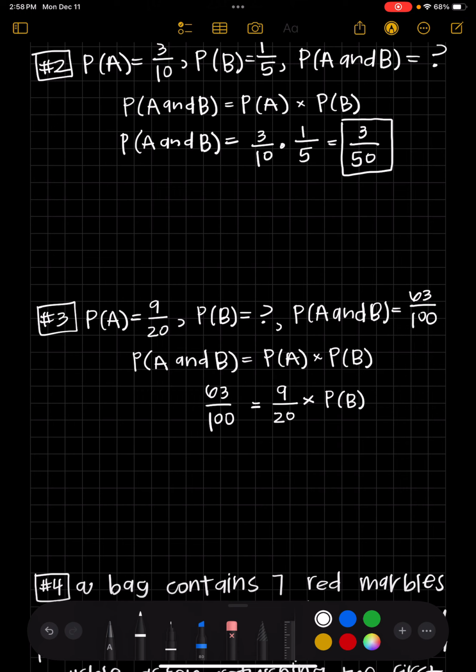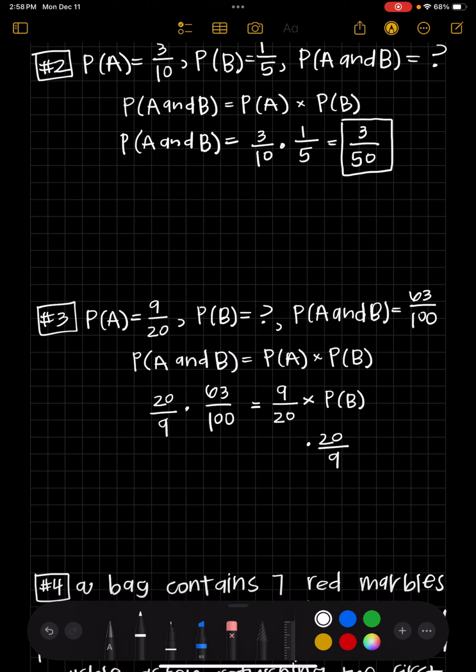Now to solve for the probability of B, what we have to do is get the probability of B by itself on one side. In order to do that, we need to move the 9/20ths. Now, two options: we can divide by 9/20ths on both sides, or we can multiply by its reciprocal, which is 20 over 9. I'm going to multiply each side by 20 over 9. This is just a tricky rule with fractions, if you remember. So multiply each side by 20 over 9.